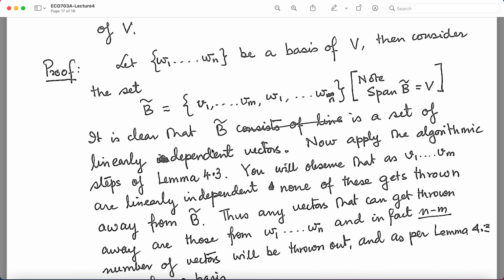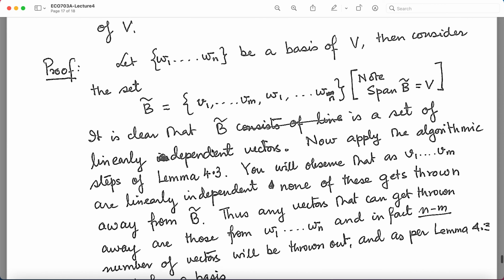Anything that gets thrown out must be among W1, W2, ..., Wn. And in fact, finally, because it is an n dimensional space, its basis must contain n elements, you can throw out n minus m vectors from this collection W1, W2, ..., Wn.